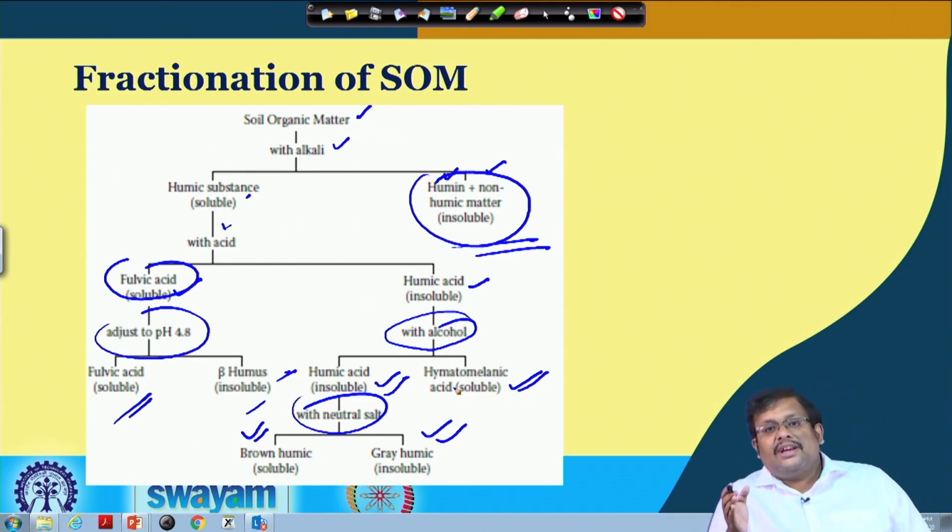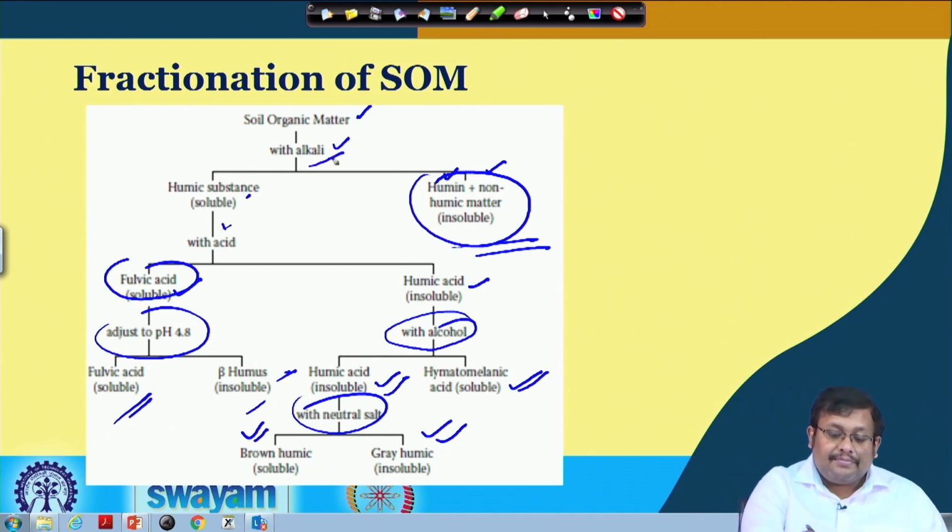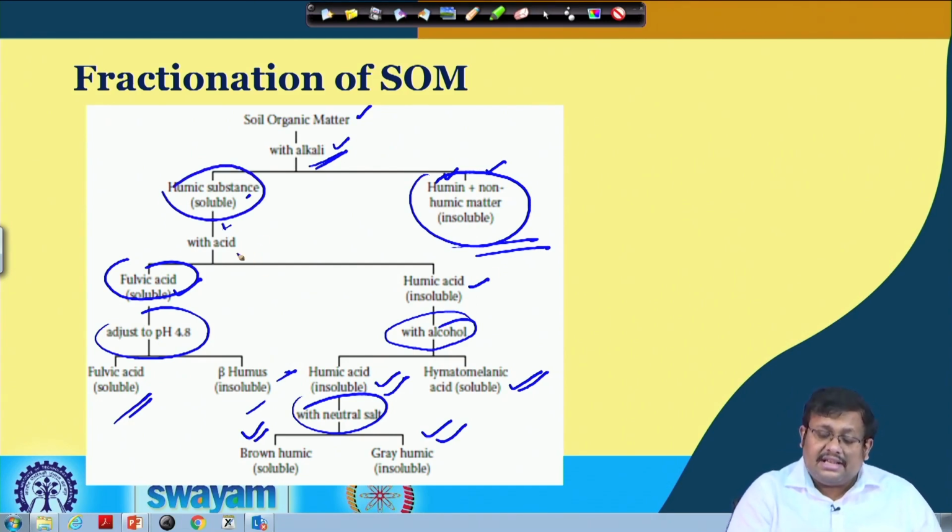Again, the soil organic matter fractionation starts with the alkali, either sodium hydroxide or sodium carbonate, and then it basically differentiates into the humic fraction, which is soluble, and the non-humic fraction as well as humin, which are insoluble. Humic substances will be treated with the acid. You know that humic acids are insoluble in acid, so they remain insoluble, and fulvic acid again will be solubilized, and further we adjust their pH to get either soluble fulvic acid or insoluble beta humus.